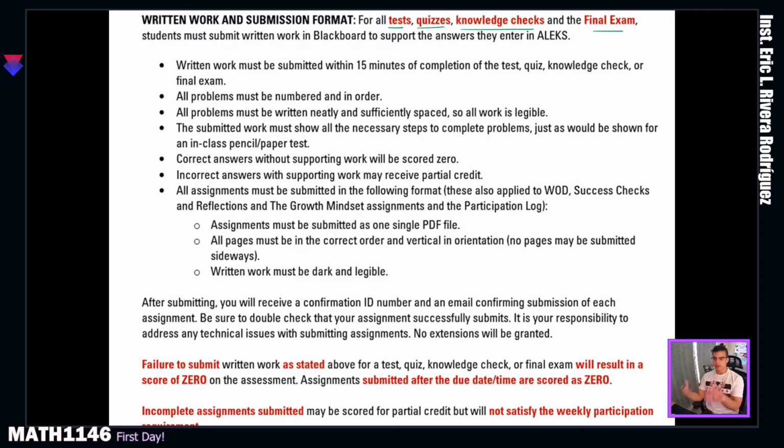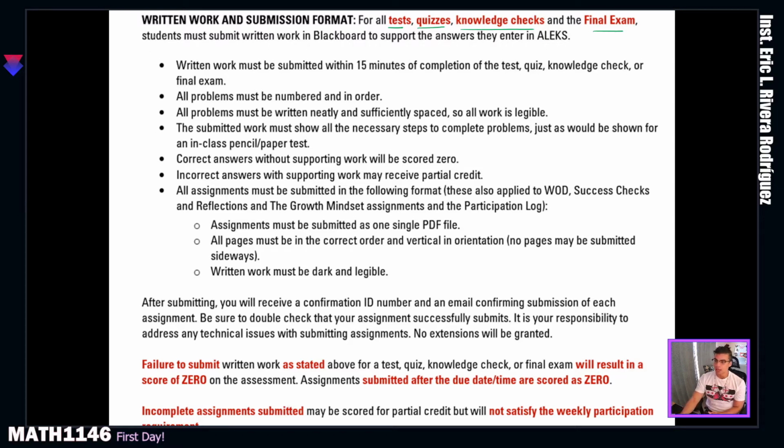You are going to submit your answer to Alex, but while you are working on a test in Alex on your computer, you are going to solve all those problems in pencil and paper format, as you would do in class if we were face to face.